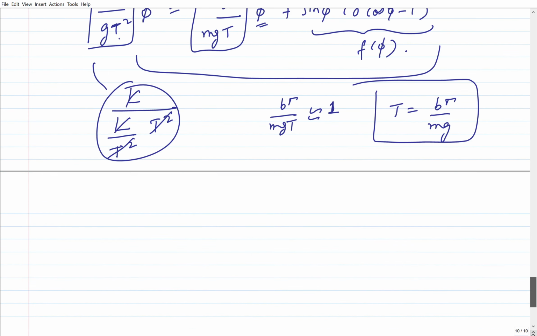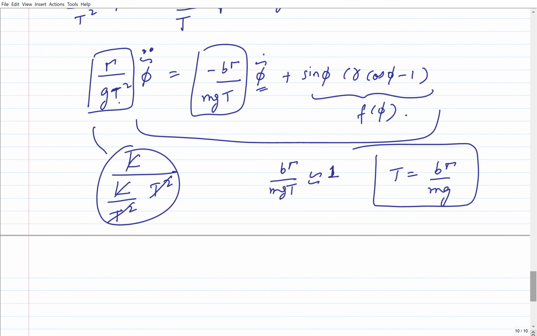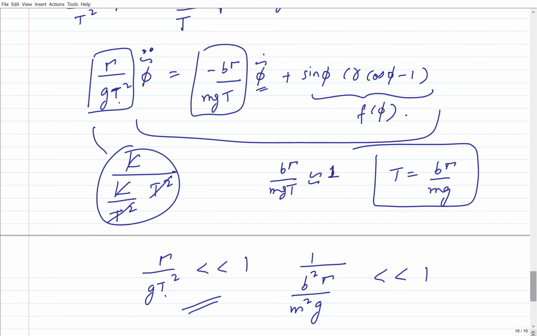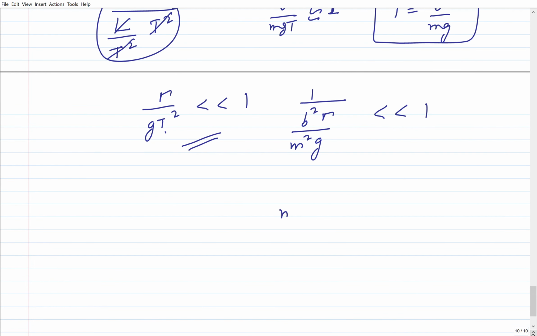And I plug that guy into this guy again, I get r over g T square much less than 1, and I plug the value of T from here, I'll get 1 over b square r over m square g is much less than 1, or in other words, m square g over b square r less than 1.